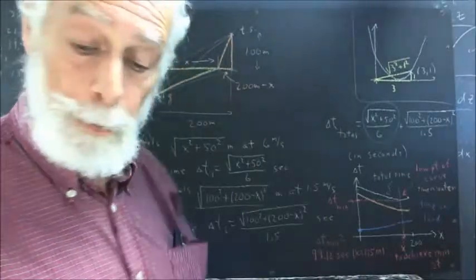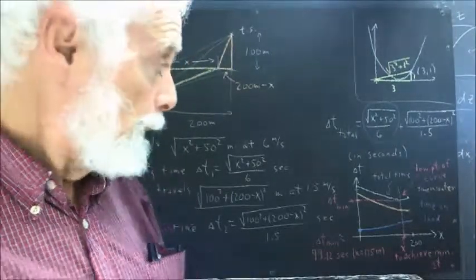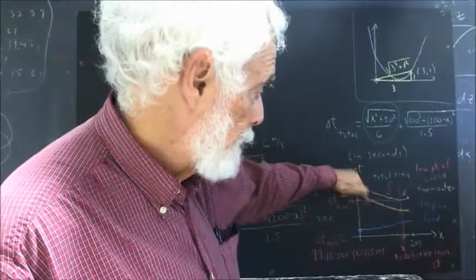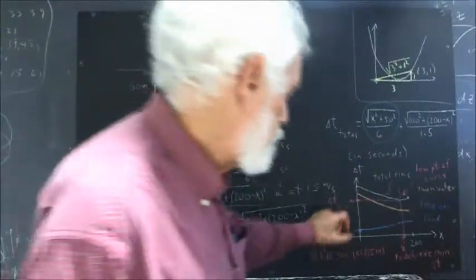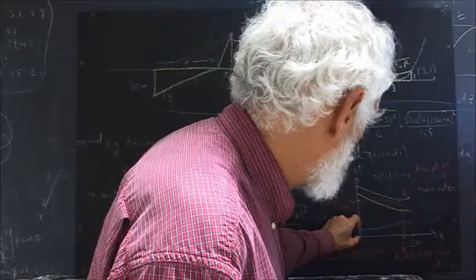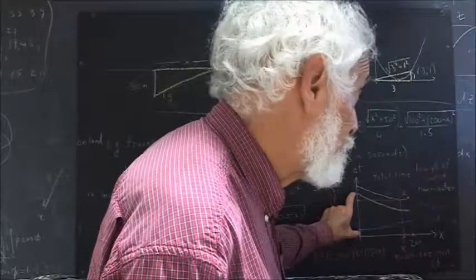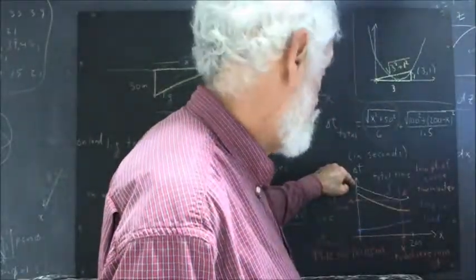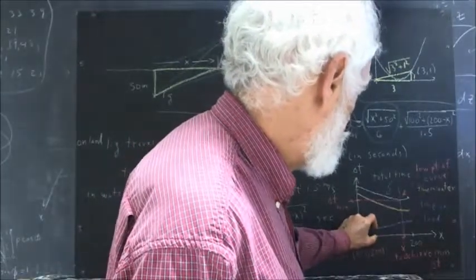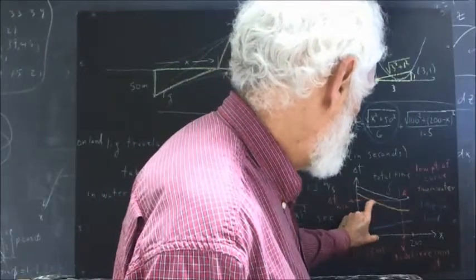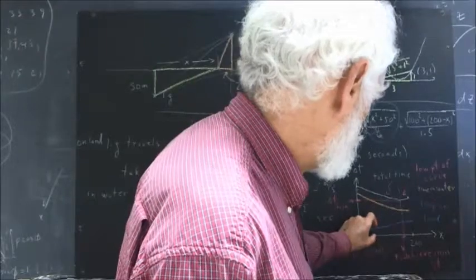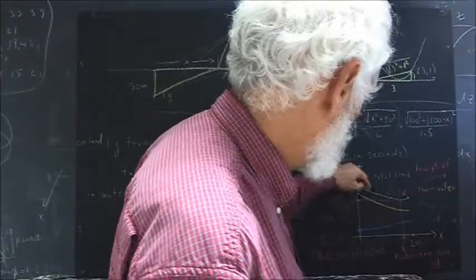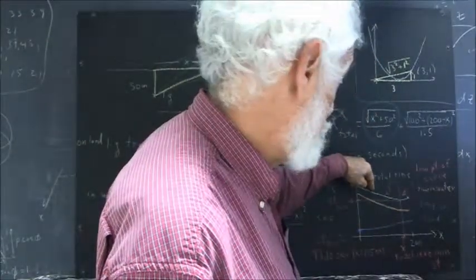The other thing I'll point out about these graphs is that this graph is the sum of these two graphs. If I take the y-coordinate here and add it to the y-coordinate here, what do I get? Well, I add this to this, and I get the y-coordinate here. Over here, I take the y-coordinate here, add it to the y-coordinate here, so this y-coordinate adds to this y-coordinate to give me the y-coordinate on the white graph.